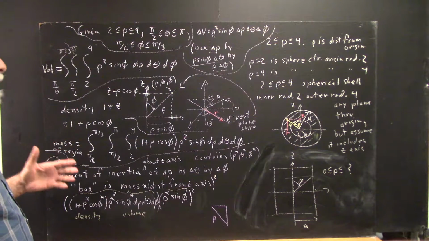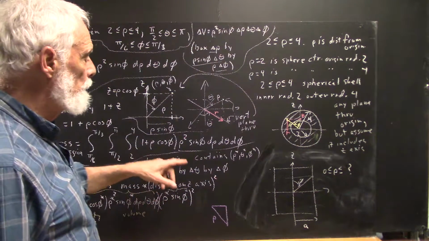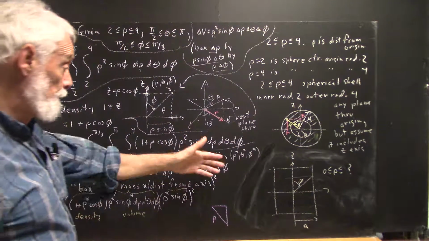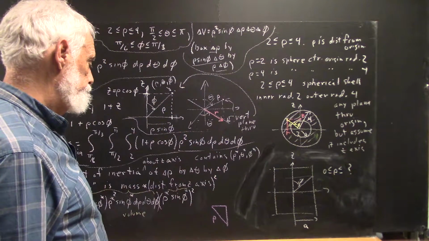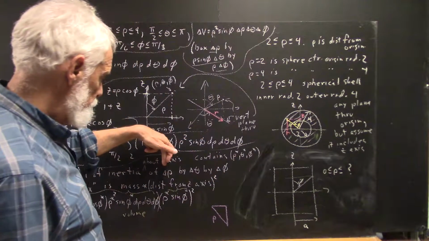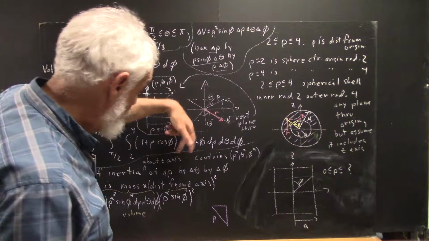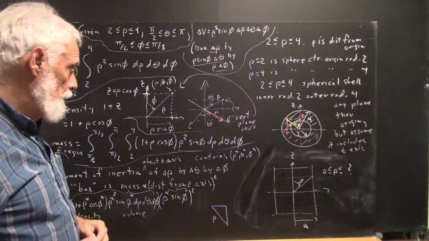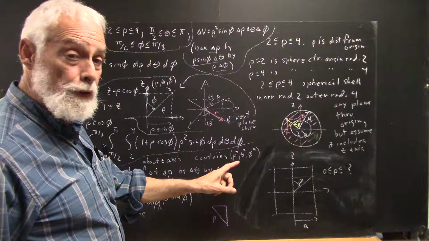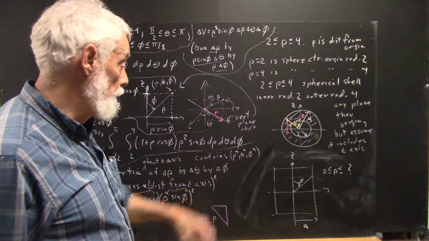the moment of inertia of the mass within your delta rho by delta theta by delta phi box, the box defined by those increments of rho, theta, and phi, where this increment is assumed to contain the sample point rho star, theta star, phi star.